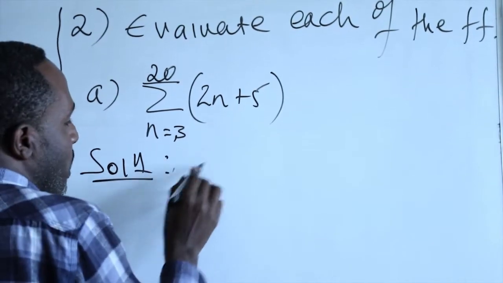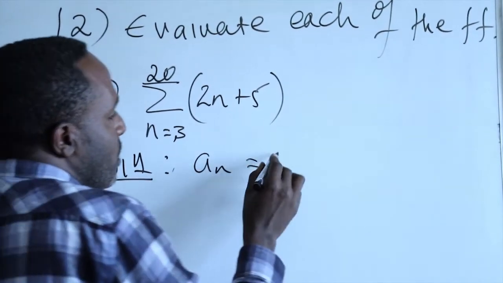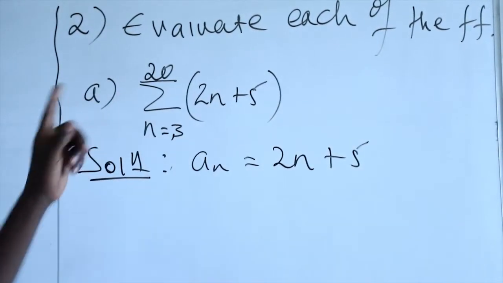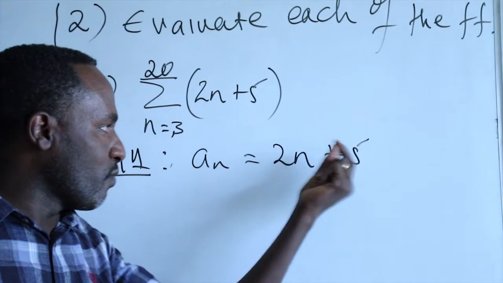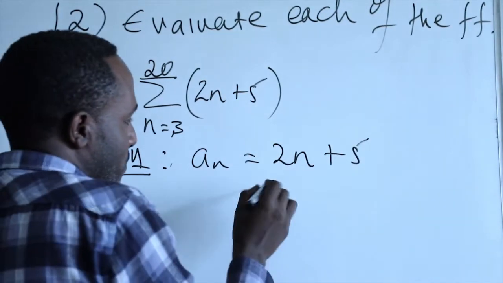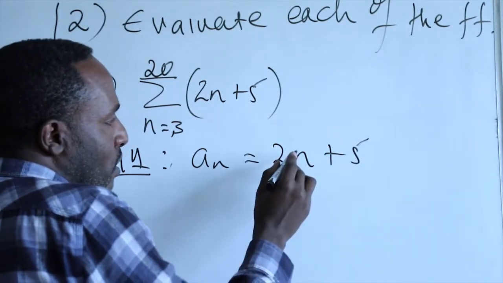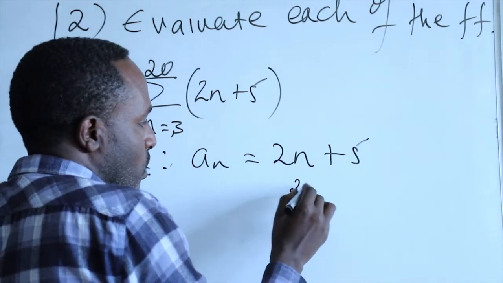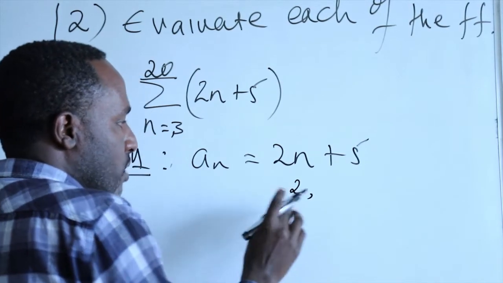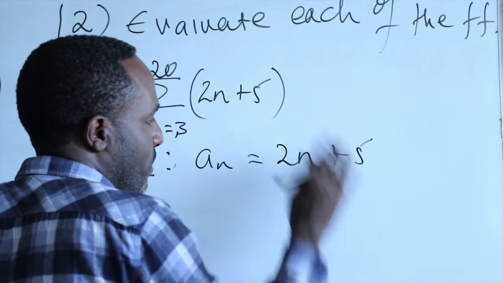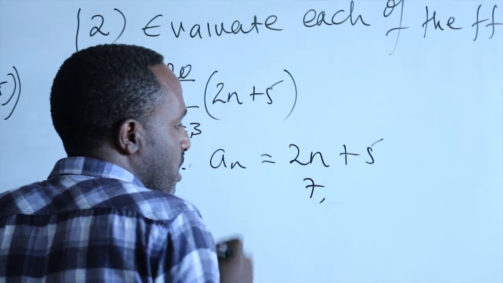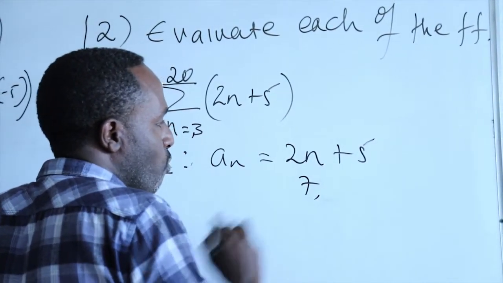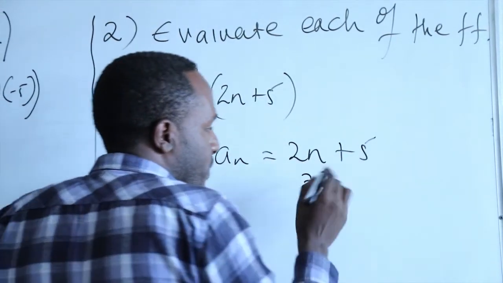We can say that a_n is calculated as 2n plus 5. If you start with n as a natural number, the sequence is given like this. If n is 1, 2 times 1 is 2, plus 5 is 7. If n is 2, 2 times 2 is 4, 4 plus 5 is 9.